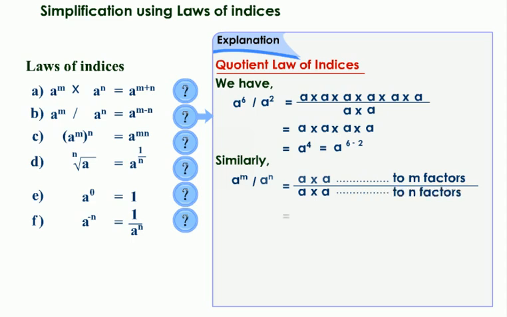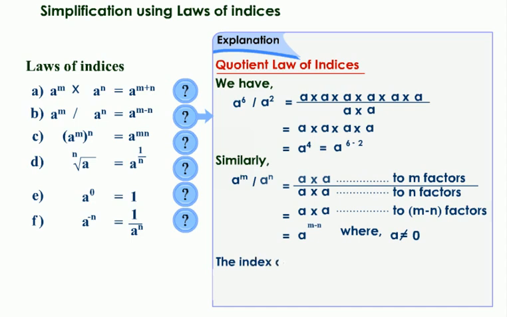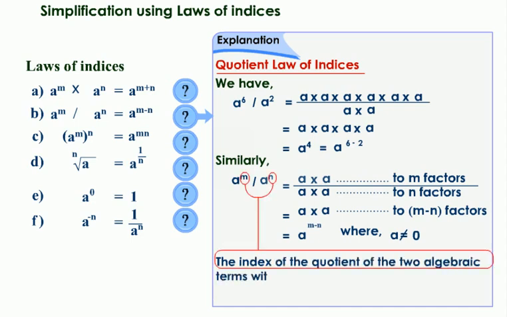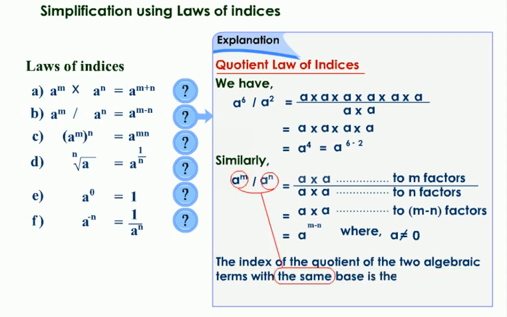This can be written as a into a up to m minus n factors. That is a to the power m minus n, where a is not equal to 0. Thus, the index of the quotient of two algebraic terms with the same base is the difference of the indices of each term.